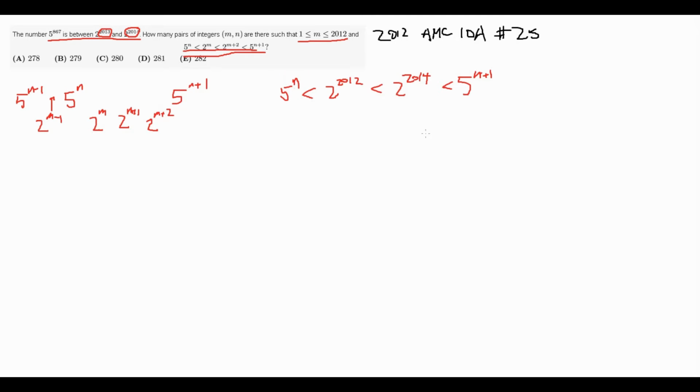That is, in this case, 2 to the 2014 is less than 5 to the power of 867. So that means out of all the powers of 5 that we're considering, we don't need to go over the 867th power of 5, since we're only considering m between 1 and 2012.